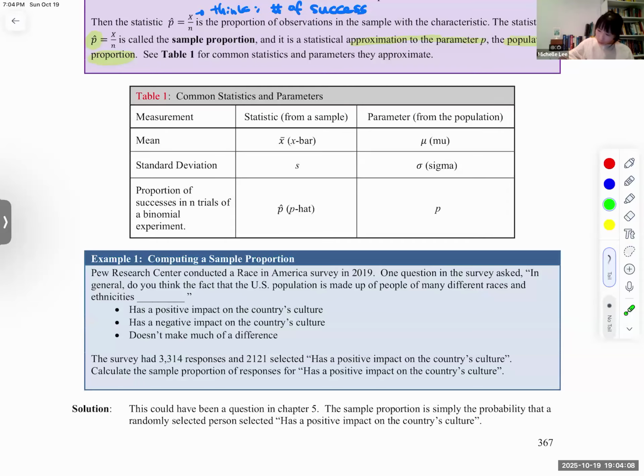So for the sample proportion, we have p hat equal to x over n, right?